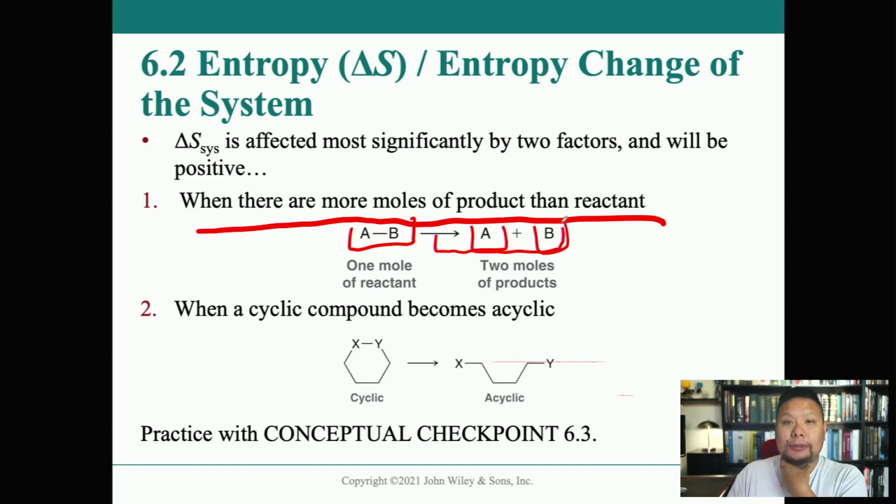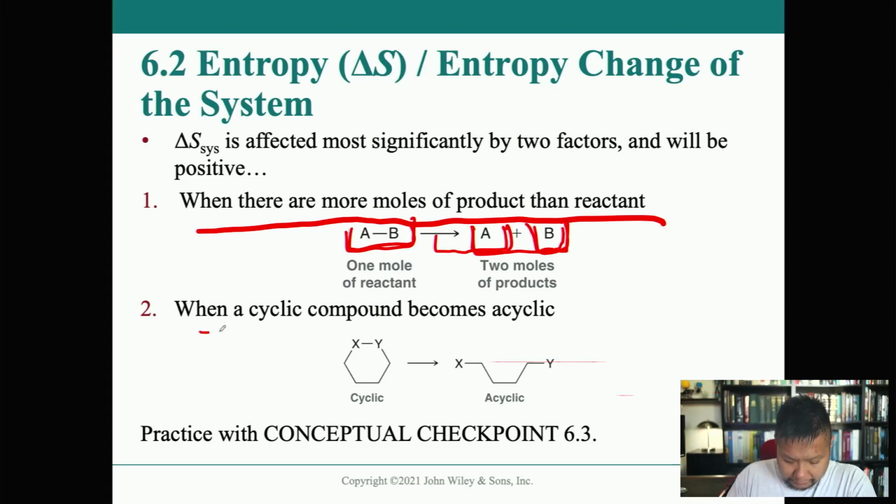That's any decomposition reaction you can think of, where nothing is actually reacting with it; it just decomposes. So in this case, you had 1 mole of the reactant, and you end up with 2 moles of products. That will cause a delta S system to be positive.